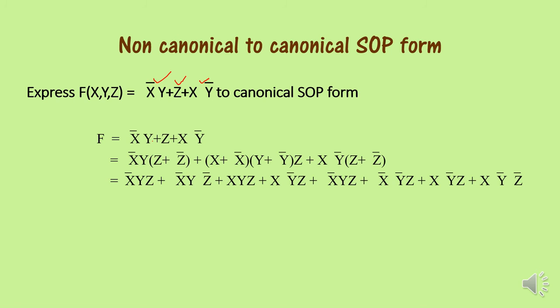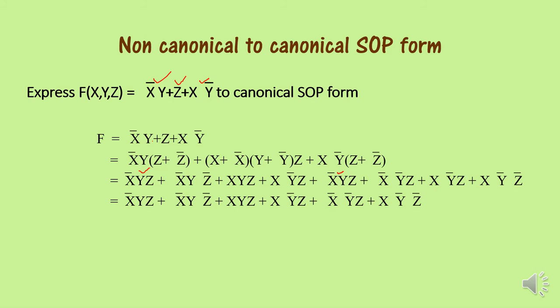So here some terms are common. So here we write x bar yz plus xyz bar plus xyz plus xy bar z plus x bar y bar z plus xy bar z bar.